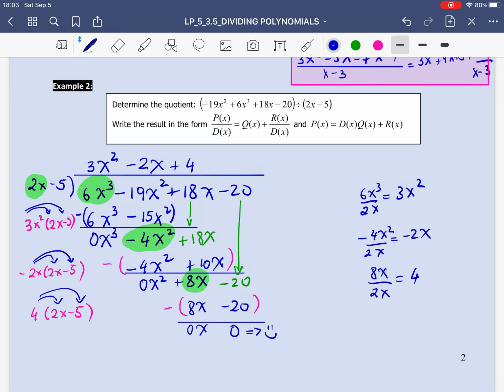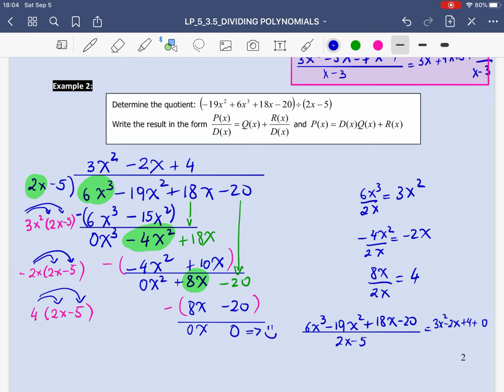Remember that our p(x) is the dividend, so we'll say 6x cubed minus 19x squared plus 18x minus 20 divided by our divisor, here, 2x minus 5, equals the quotient, the answer in other words, 3x squared minus 2x plus 4, and then plus no remainder, so 0.